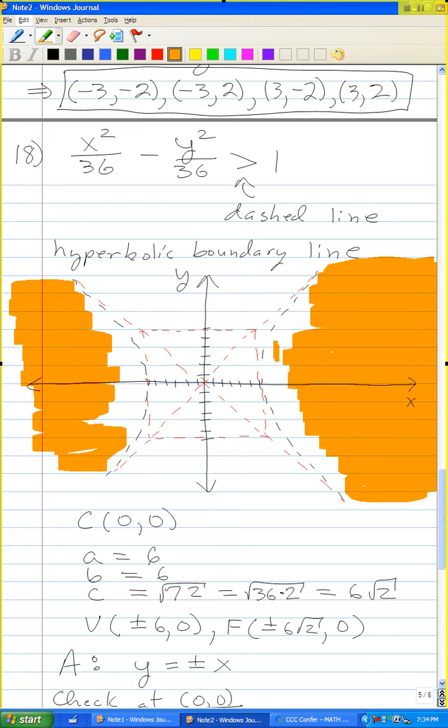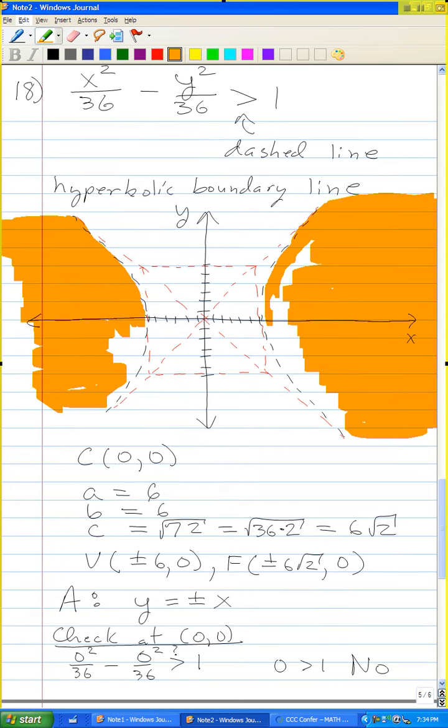Okay. So now let's see if I can draw this. Let's fill in all that stuff. Let's fill in all this. Okay, good.